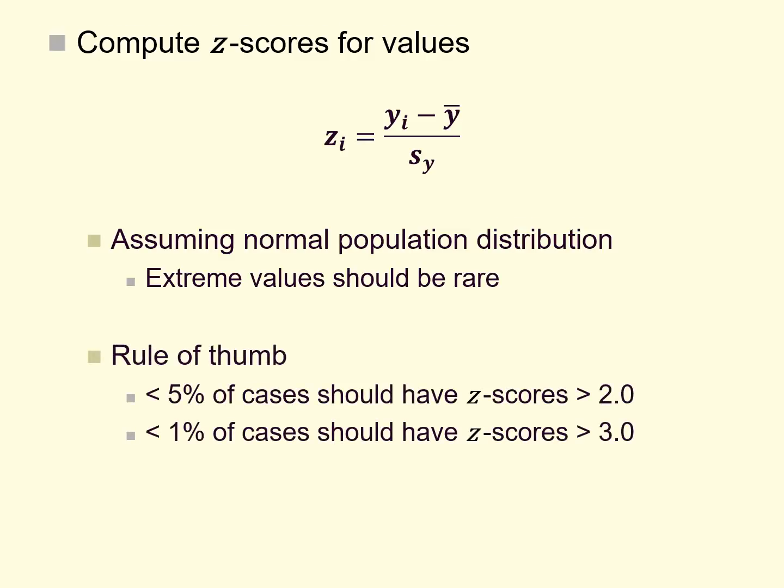A rule of thumb that's easy to remember would be less than about 5% of the cases in our sample should have z-scores greater than positive 2 or less than negative 2, so greater than an absolute value of 2, and less than 1% of our cases should have z-scores that have a greater absolute value than 3.